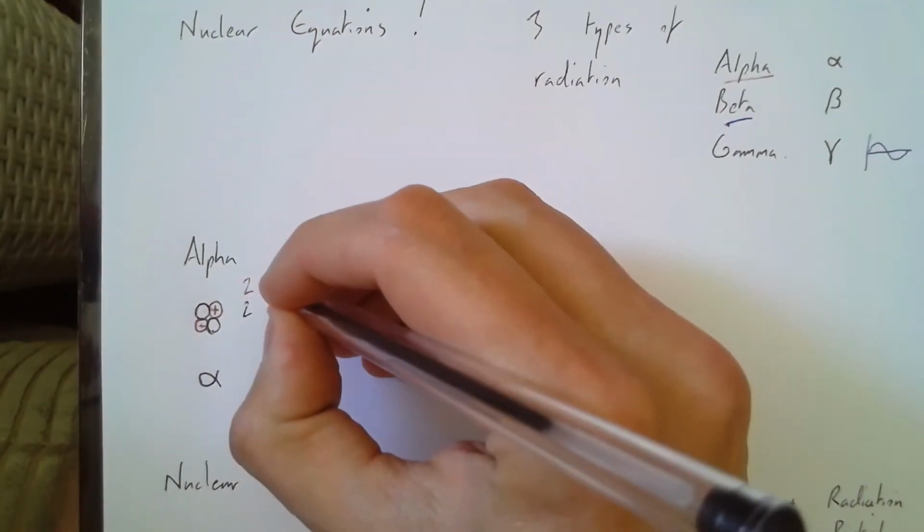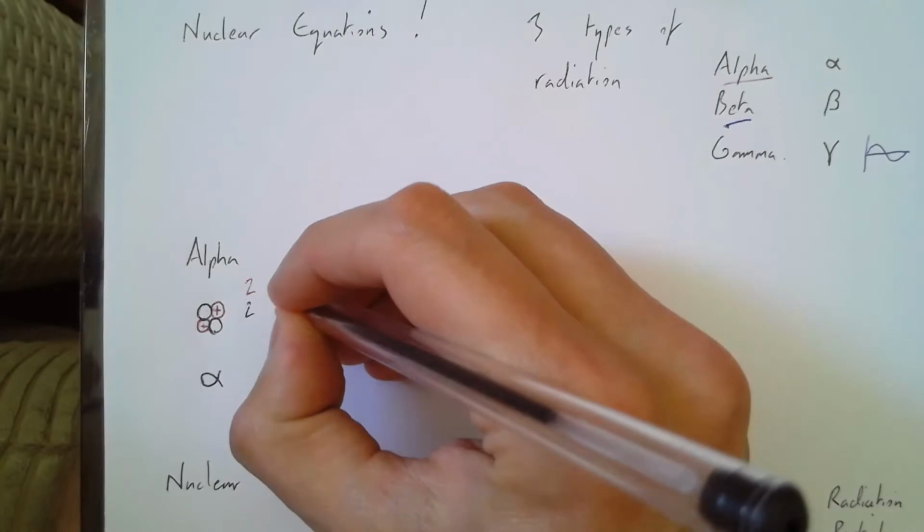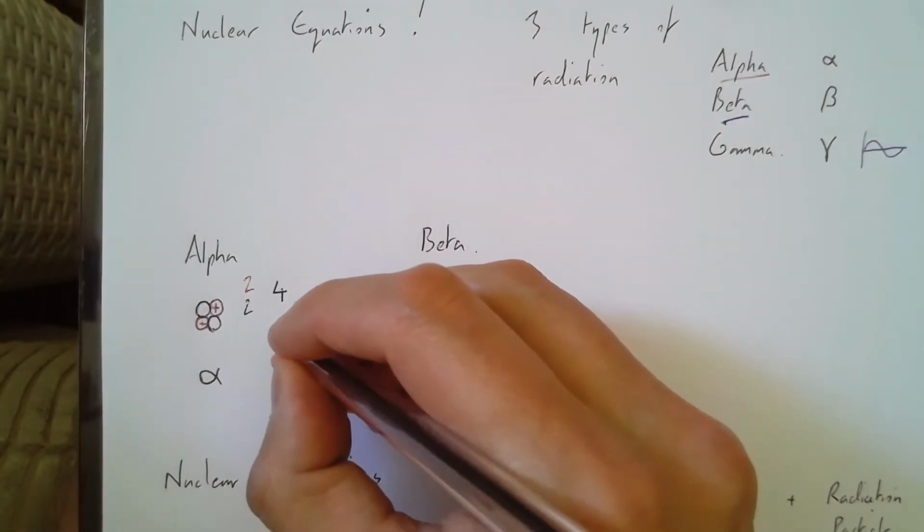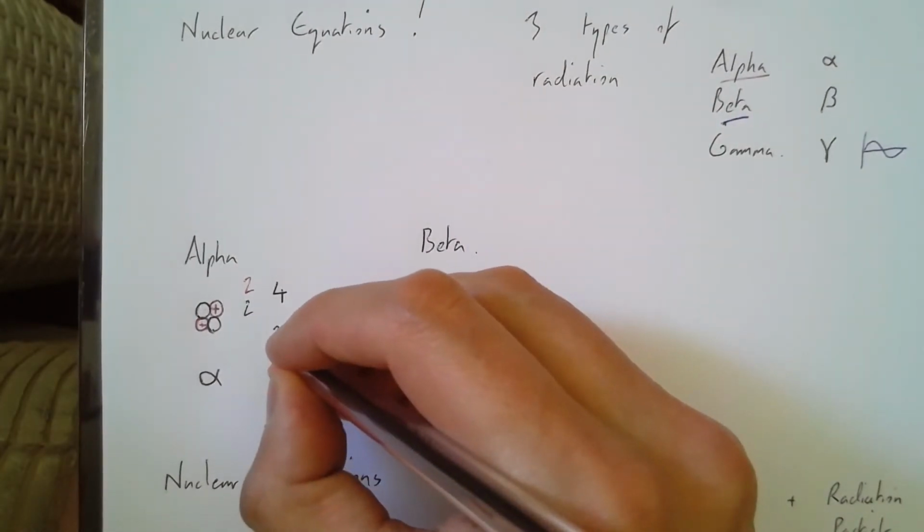That means that they have a mass of 4, but only 2 of those particles have charge, obviously the protons, so they have a proton number at the bottom of 2.